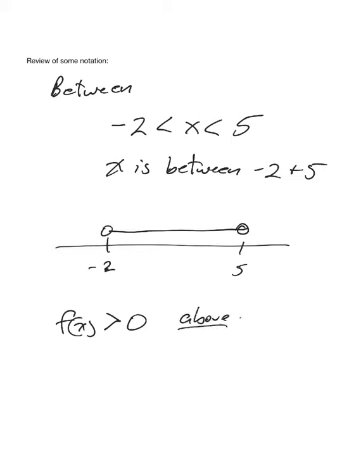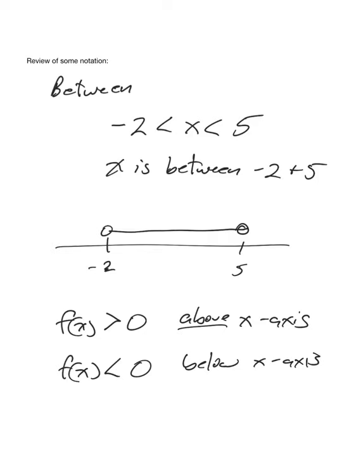Do you remember these words from the homework? It looked really confusing, but if you translate into more human terms, you're going to be okay. F of x is less than 0. What does that mean? Below the x-axis. These are the only things that I feel would produce some confusion for you.